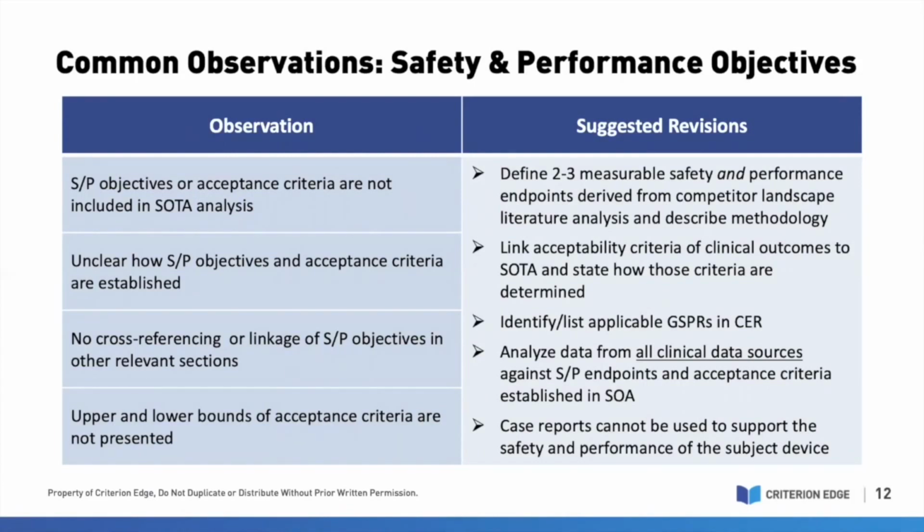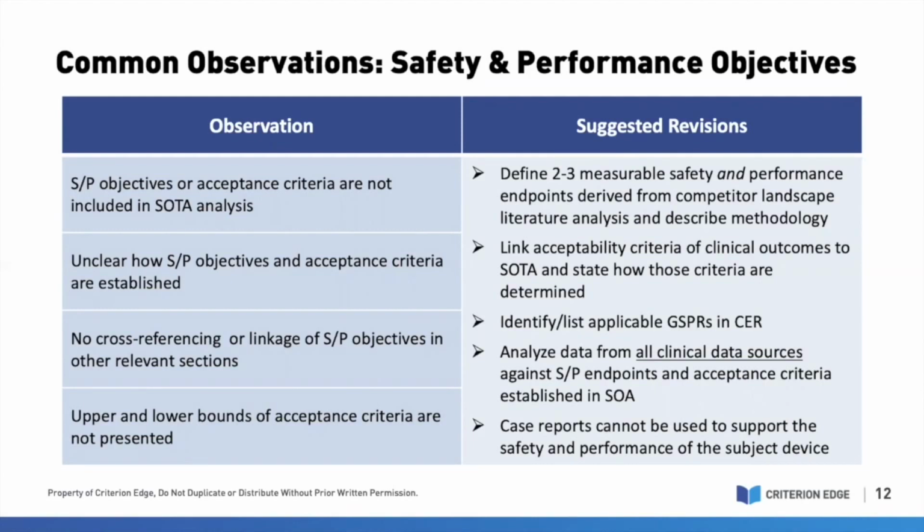Remember, these acceptance criterion endpoints are established in the state-of-the-art, and they then filter out throughout the rest of the analyses of the clinical data, whether that's PMS data, clinical literature, clinical evaluation, whatever the sources of your clinical data are, you need to re-engage with these safety and performance criteria and the acceptance criteria in each of those subsequent sections.